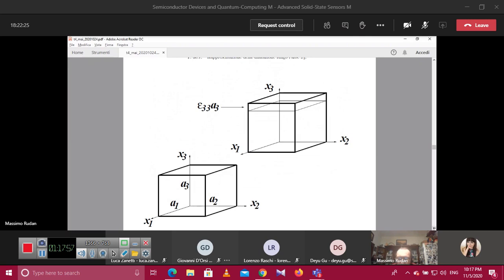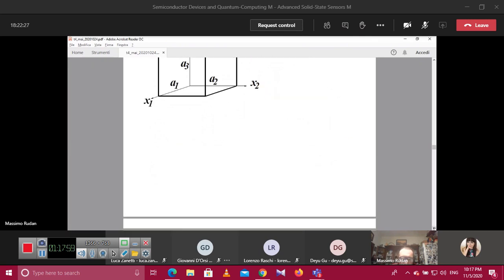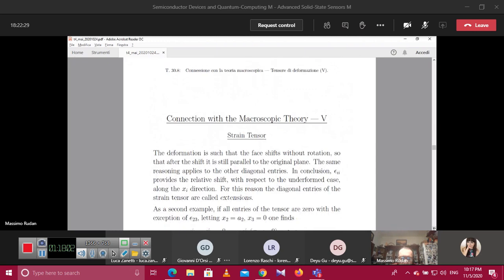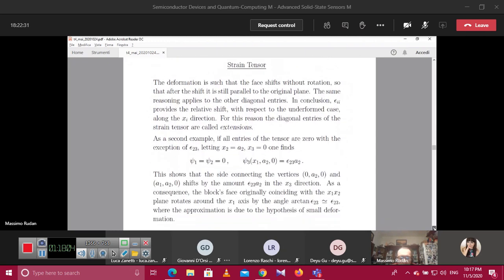So the diagonal elements of the strain tensor are the relative shift with respect to the undeformed case along the corresponding direction. Sorry, not the shift, the diagonal elements of the strain tensor are called extensions, okay?